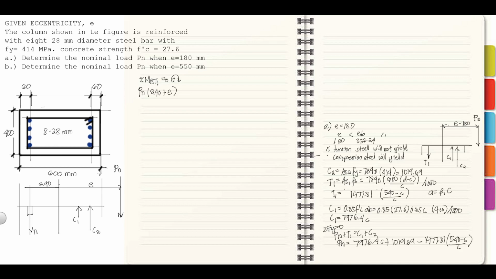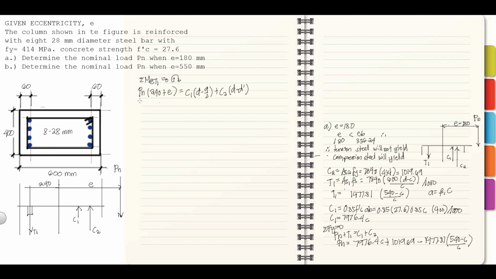Okay? Lagay ko lang, class. Is equal siya dun sa C1 times D minus A all over 2 plus C2 times D minus D prime. Okay, from this equation, we can now solve Pn.